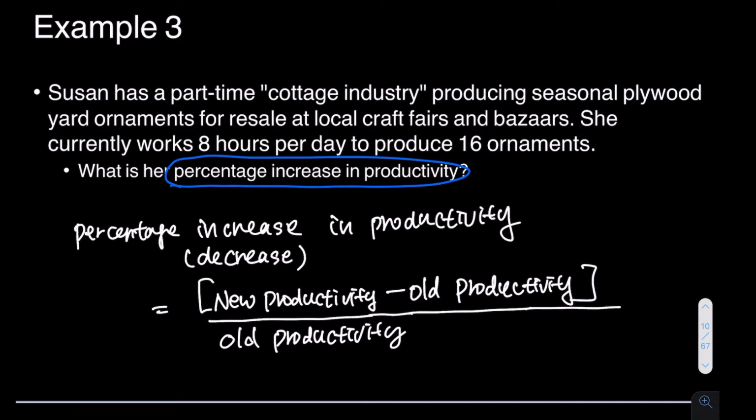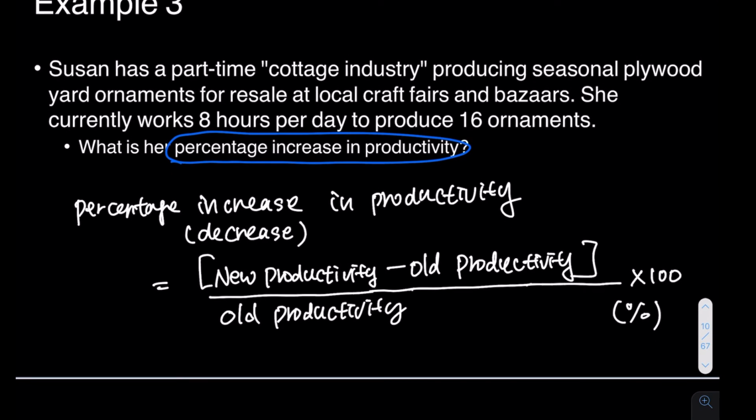Then you compare this with the original productivity. Original means old productivity. So this ratio gives you the increase in productivity, but particularly if it's a percentage increase, you multiply this by 100. So it's going to be a percentage.